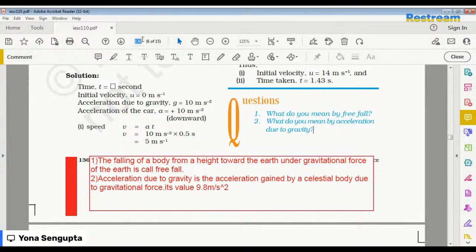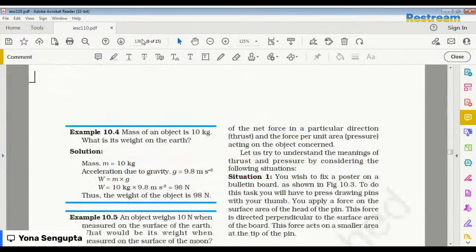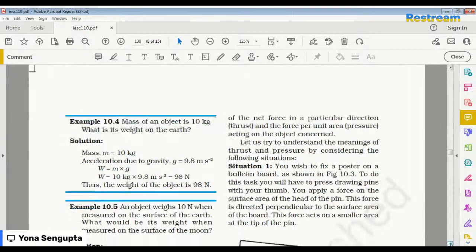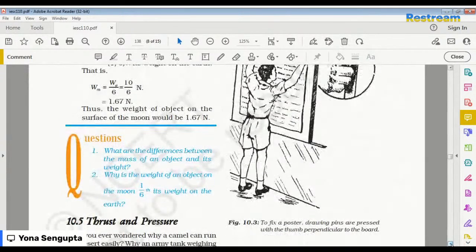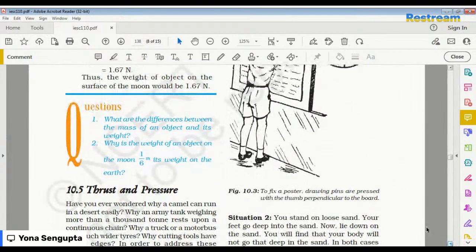Next, we will quickly move to page number 138. Okay. So in here, we are having two questions. What are the differences between the mass of an object and its weight?